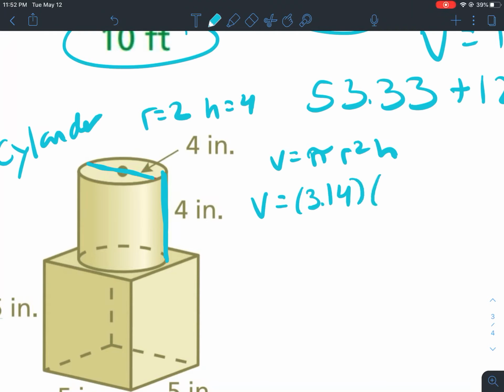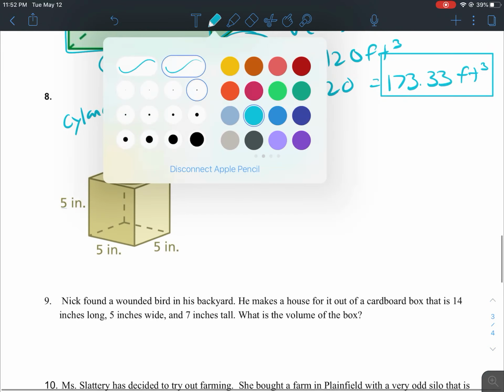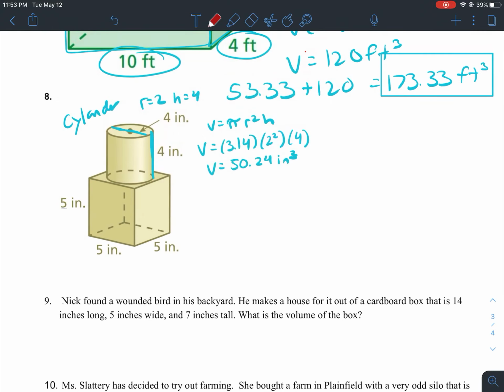Volume equals 3.14 times 2 squared times 4. You plug that in. 3.14 times 2 squared times 4. And I got 50.24 inches cubed. Awesome.